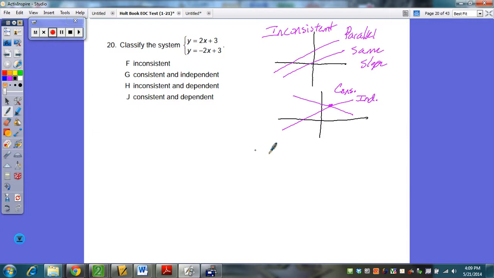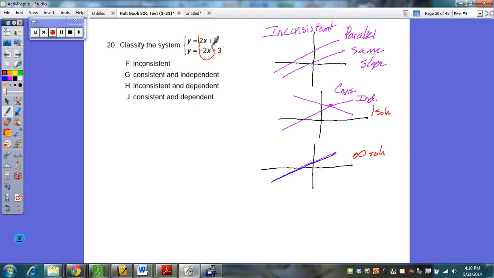And then we also have consistent and dependent, which means that it's the same line, just one on top of the other. This one has one solution. This one has infinitely many solutions.